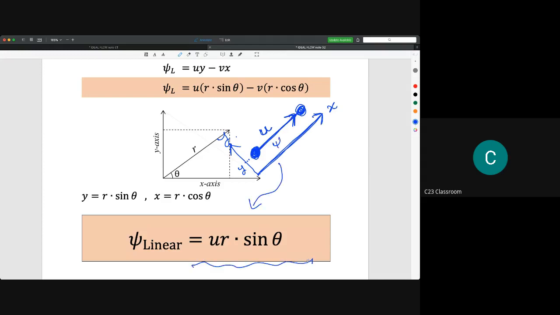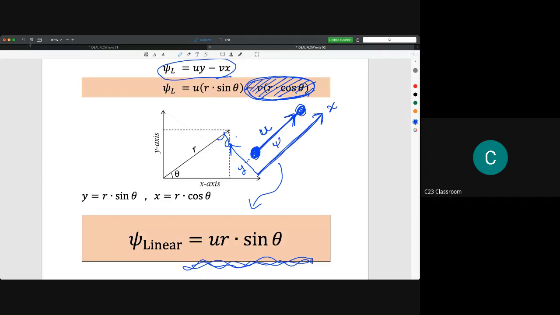So dalam keadaan ini, kita boleh ringkaskan lagi psi untuk pergerakan ini sebagai ini, Ur sin theta. Kerana apa? Kerana kita telah relocate ataupun kita meletakkan koordinat yang membantu pengiraan kita dan ia akan menghilangkan value of V di sini. Okay, tetapi secara generalnya, linear velocity actually is this term. So Vy minus Vx. So kita kena tunjukkan juga pengaruh V dan pengaruh U. Okay, sampai sini okey ke?